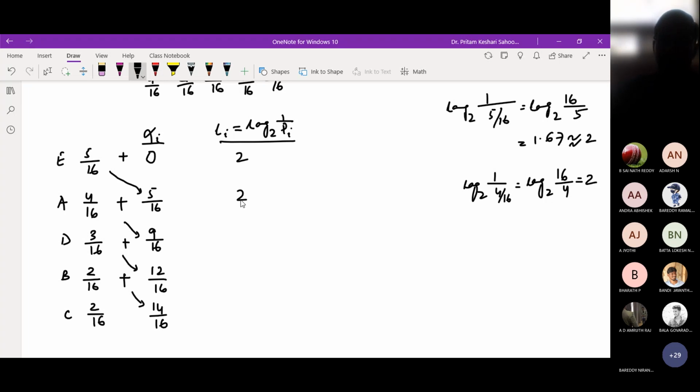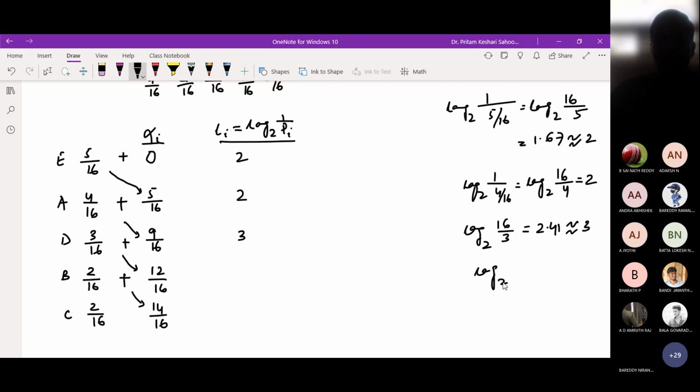So again, the value will be 2. Next one, log base 2 of 1 divided by probability, that is 16 by 3, since the probability is 3 by 16. So 16 by 3 will be 2.41, which you have to approximate to the next integer, 3.